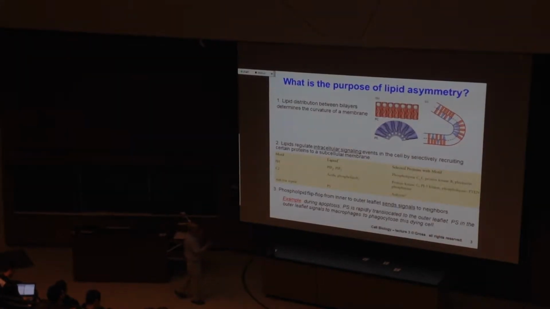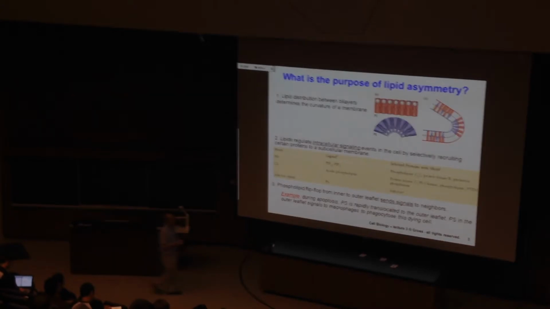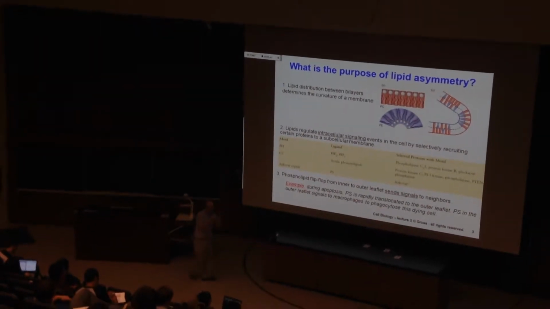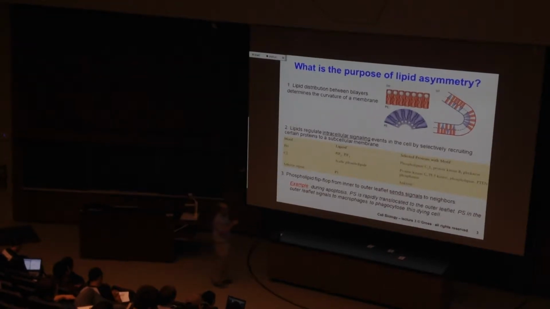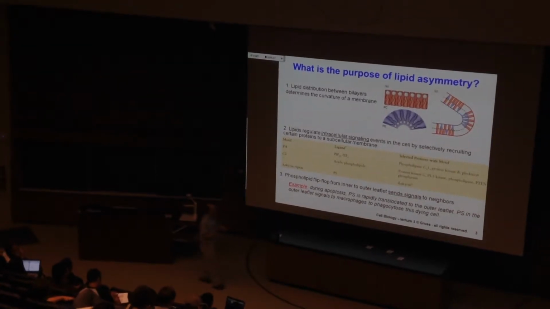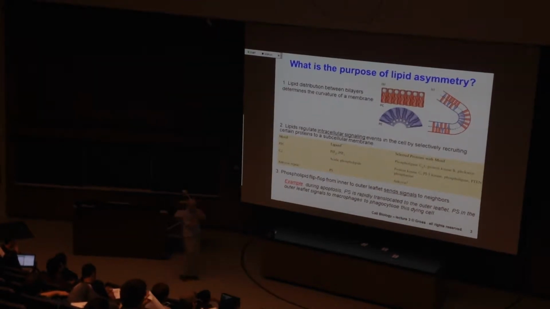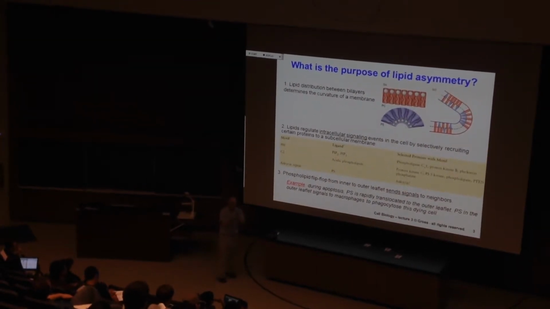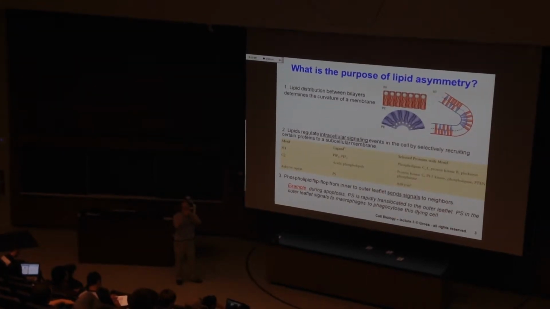And so that's one example of a signaling event related to lipids. You can also have more local signaling events where if you accumulate a bunch of a particular phospholipid together, that can provide a small region in the membrane where you can specifically recruit a protein or proteins and start a local signaling event.